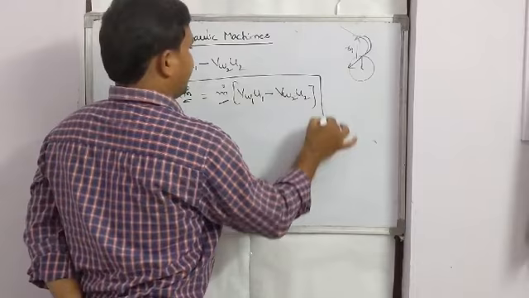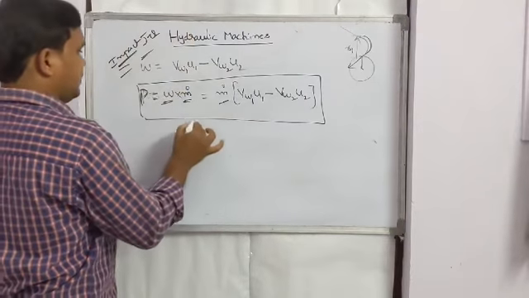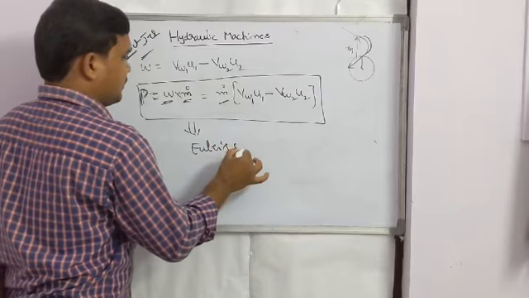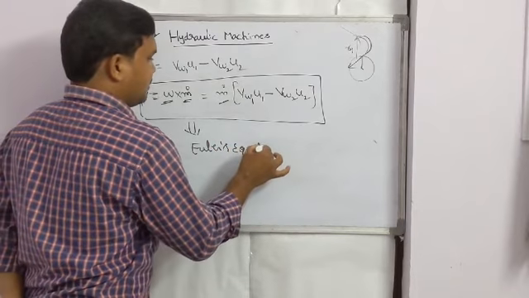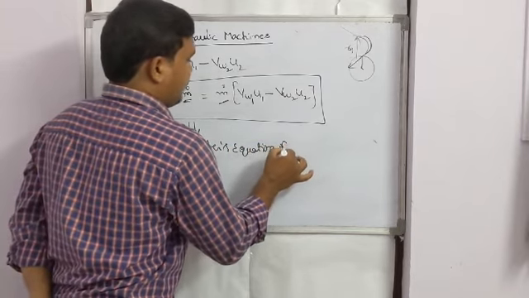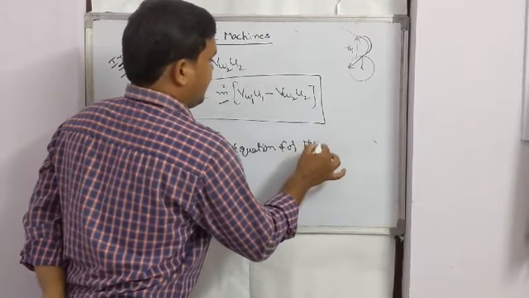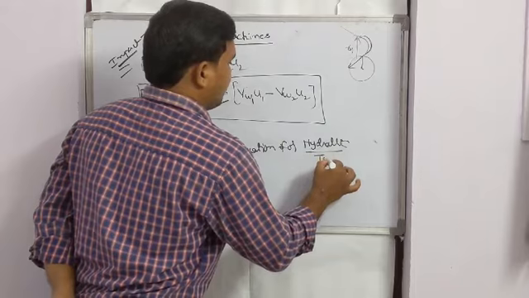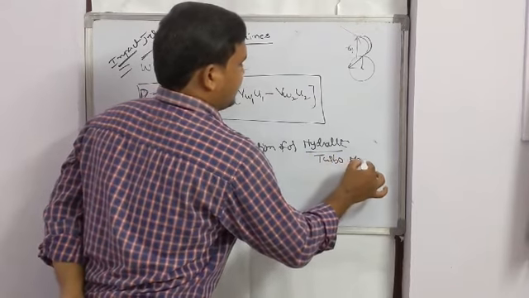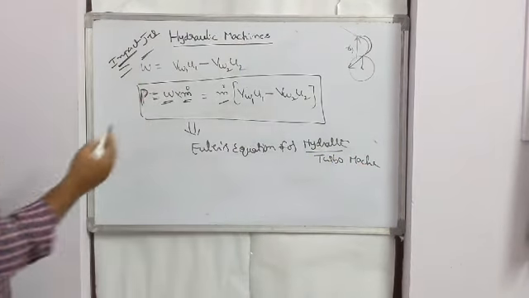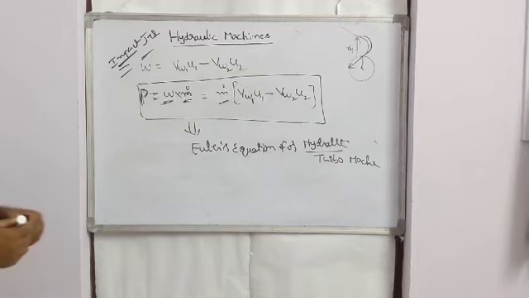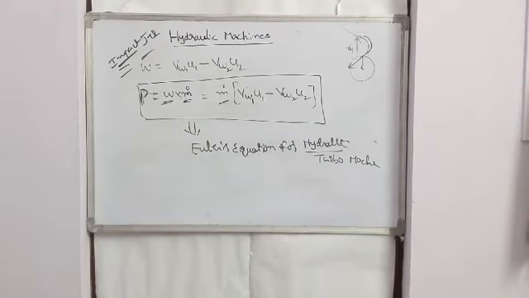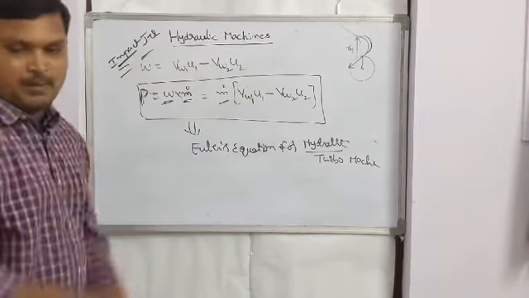This is the generalized Euler equation, which we call Euler's equation for hydraulic or turbo machines. Any turbo machine, whether fluid hydraulic machines, gas turbines, or steam turbines, we can apply this Euler's equation.